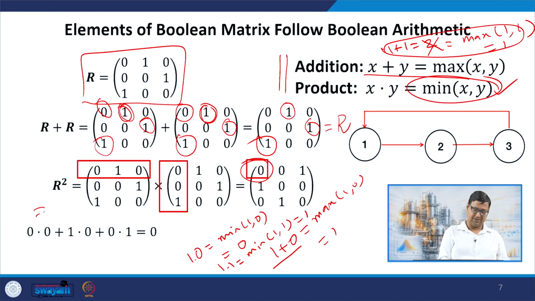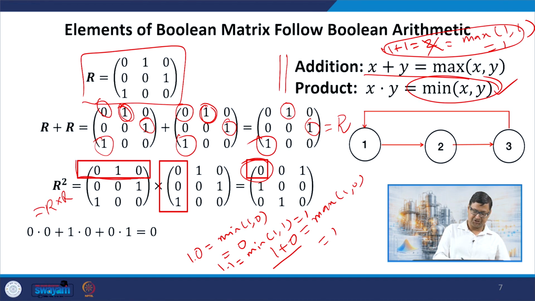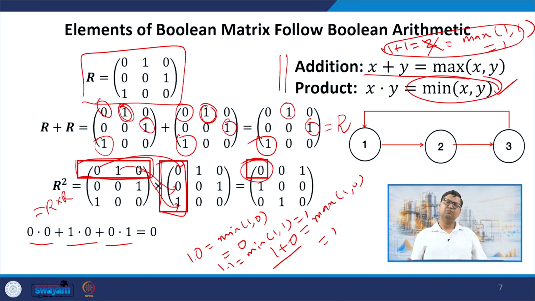R square is R into R, and that 0 is coming by multiplying the first row with the first column, as we do in the normal matrix multiplication, and that becomes 0 into 0 plus 1 into 0 plus 0 into 1, and each of these multiplications I will do using Boolean arithmetic.